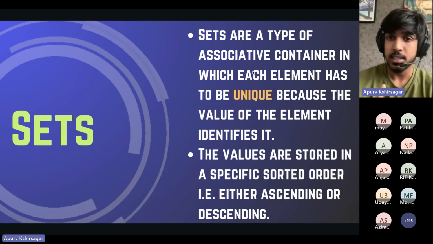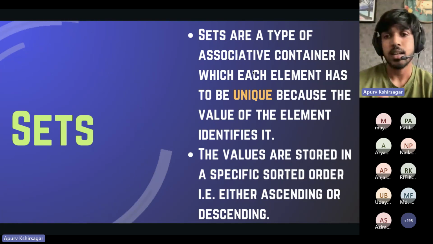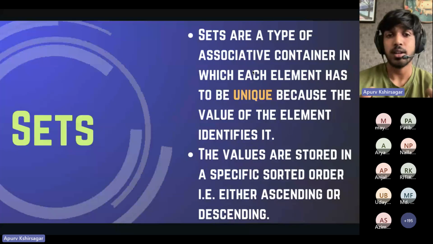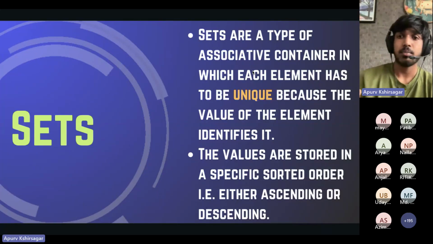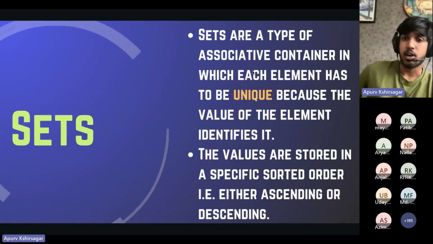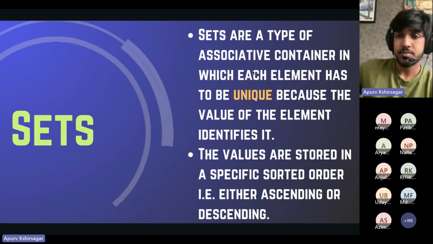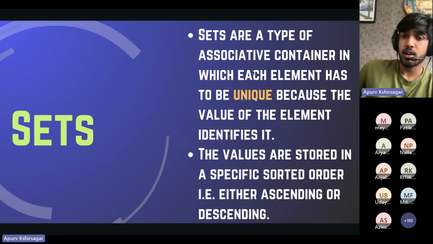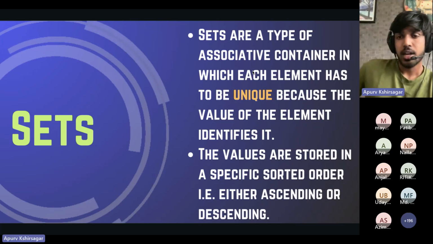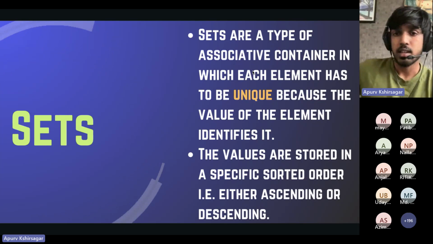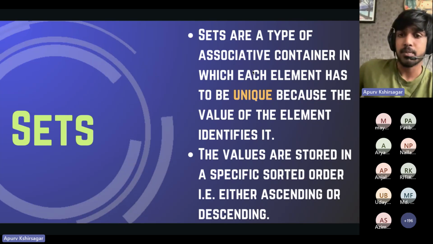Second advantage is that it gives a unique output. It gives unique elements. For example, in a set, if you insert two elements which are the same, for example, you input 4 and also 4, it won't include 4 two times. It will only include 4 one time.